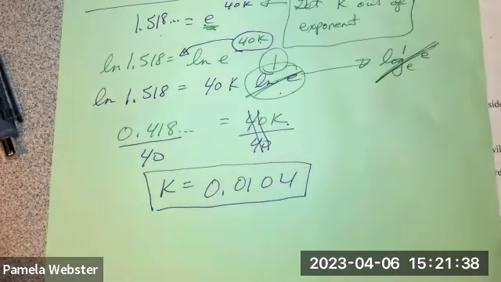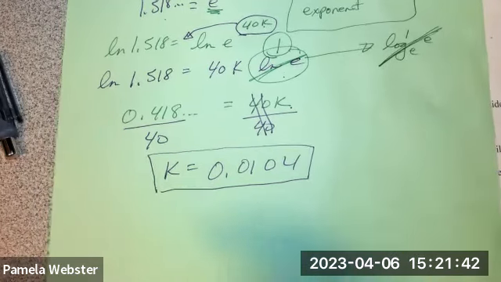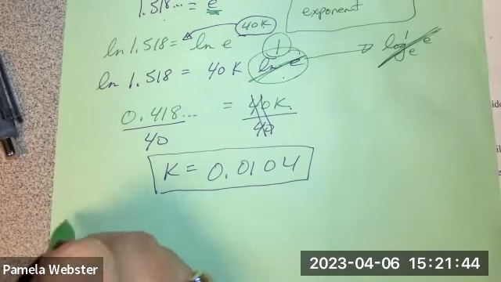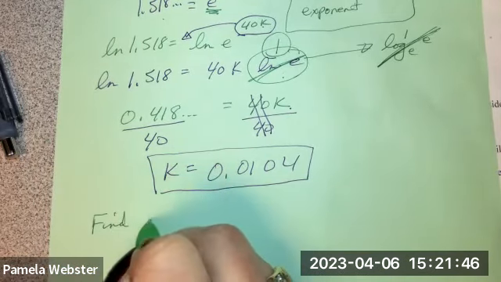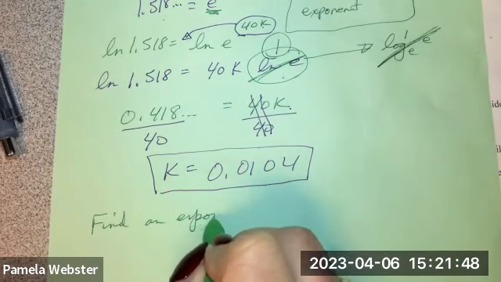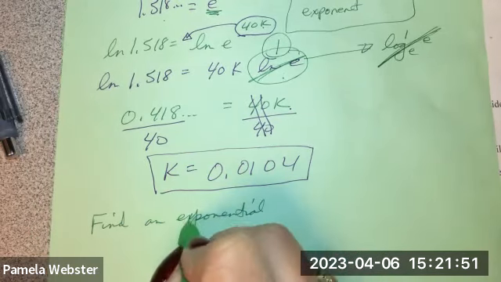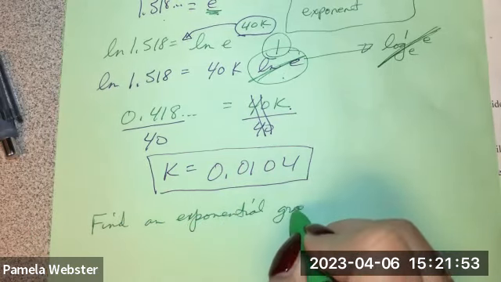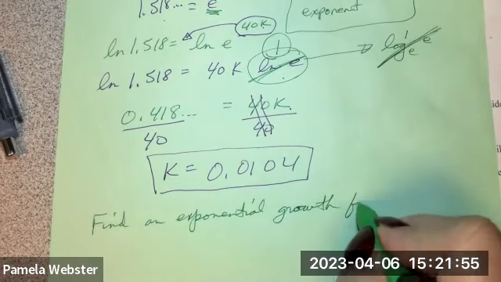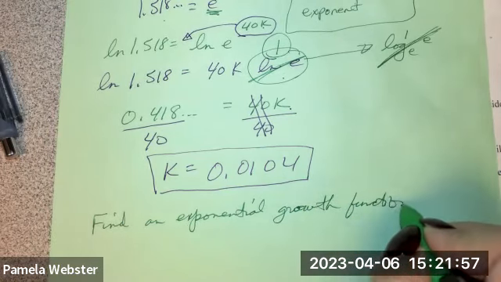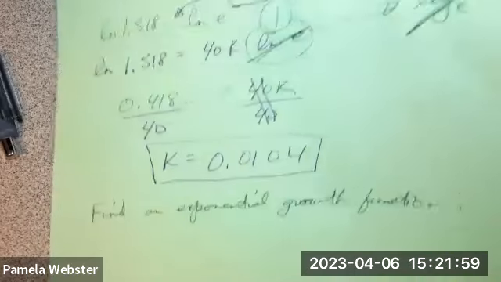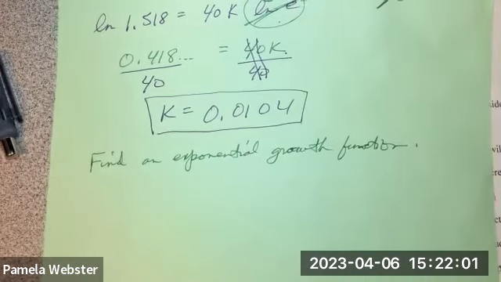Okay, so I'm not done yet with the question they asked me. They said, find an exponential growth function that represents the data, basically. Okay, I've got my growth rate.